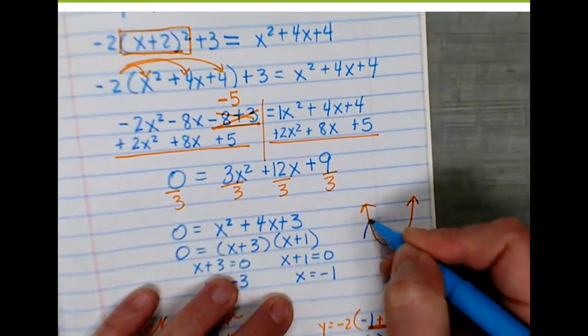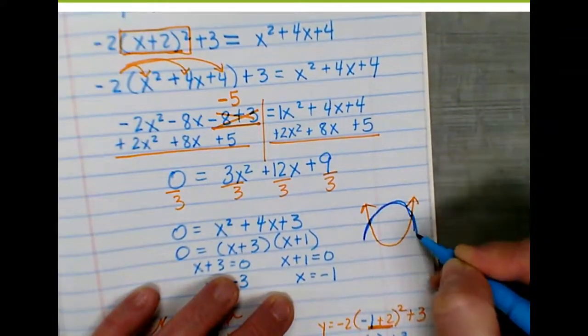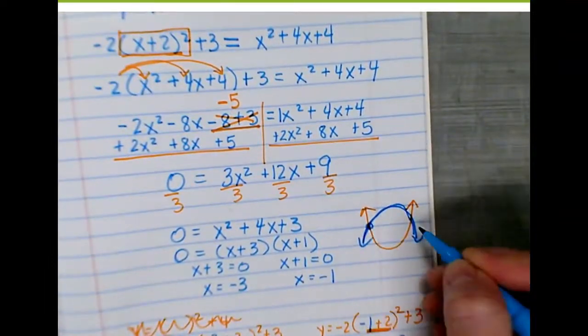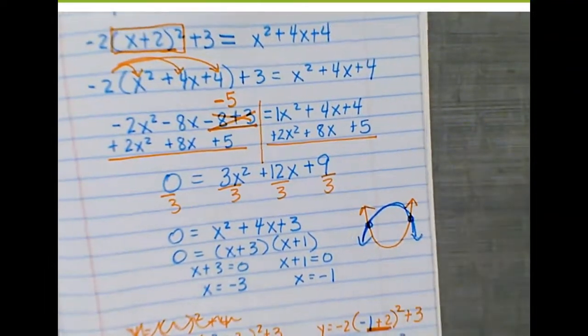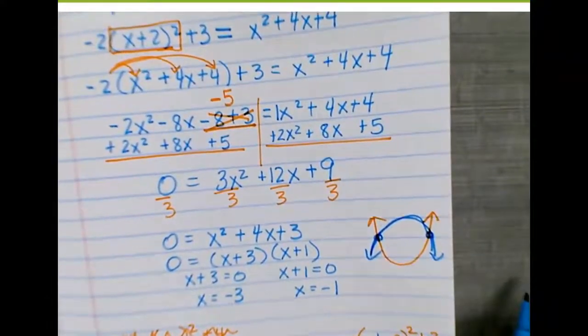So I think I have one parabola pointing down and one parabola pointing up, and my intersection points are lining up. That's why they have the same y values. I think that's probably what happened. We will be looking at graphing a little bit more next week.